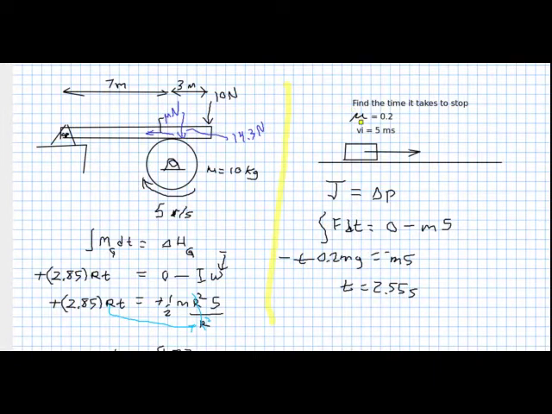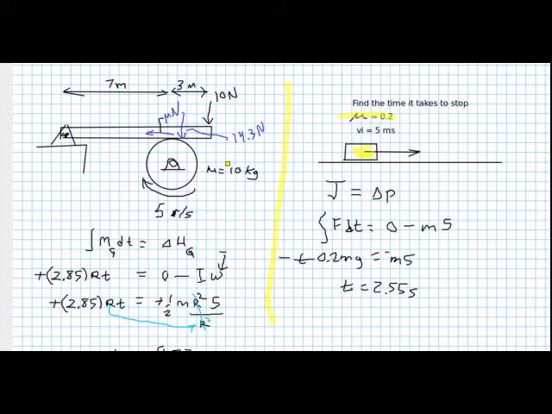Okay, so on the problem on the right, I've got a block that's initially moving at 5 meters per second to the right. The coefficient of friction is 0.2. And I want to find the time it's going to take to stop. That's the linear problem. That's the problem we already know how to do.